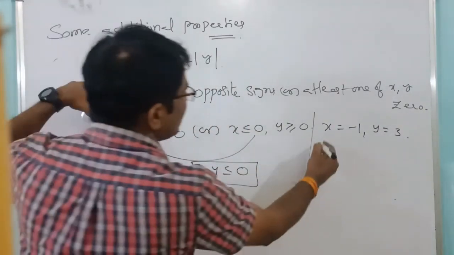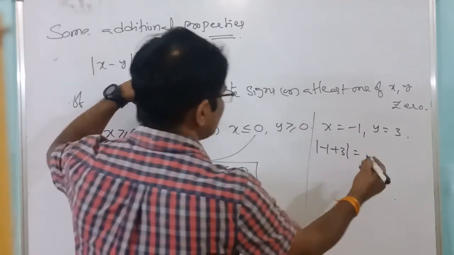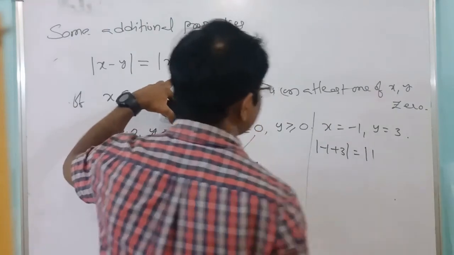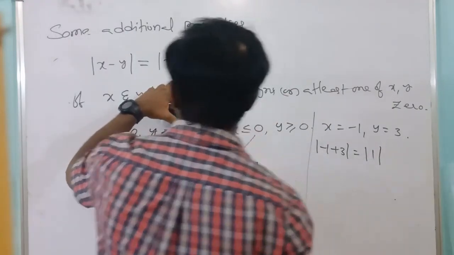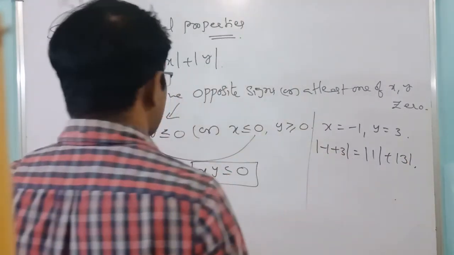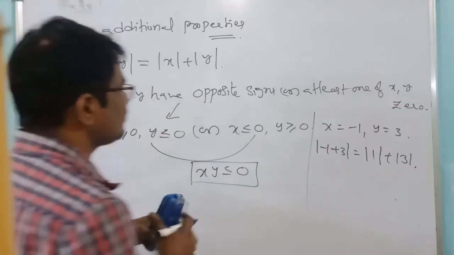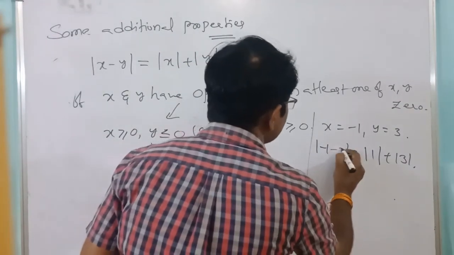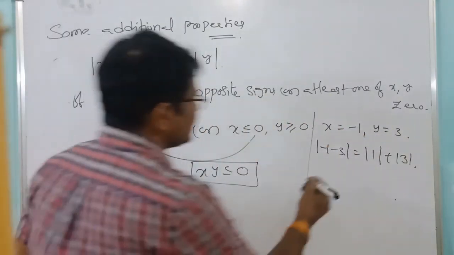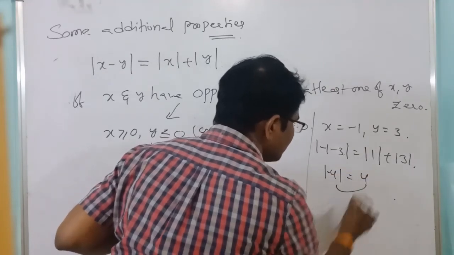Substituting this, modulus of -1 minus of minus plus 3 equal to, so modulus of 1 is there, plus modulus of 3 is there. x equal to -1 I am substituting, and y equal to -3, because this is 3 only, no? -1 minus 3, that is equal to modulus of -4, which is 4 only.